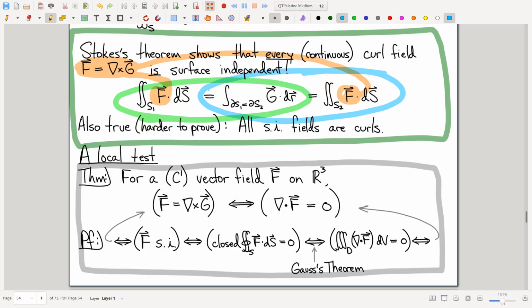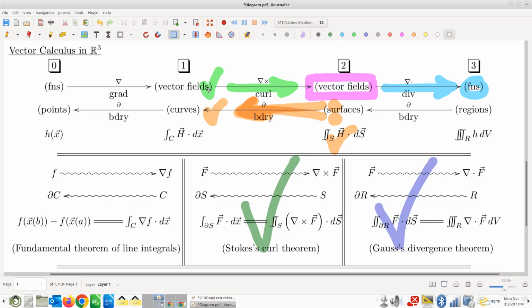Now, a fun little game to play, for your own curiosity: take the argument that we just made and compare it with the argument that we made using the fundamental theorem of line integrals concerning gradients being path independent. You'll notice it's a rip-off. It is a bit-for-bit rip-off of that argument that we made back in Chapter 6, just like the diagram suggested.